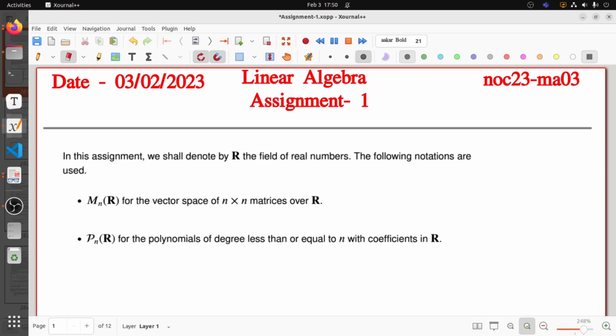So you have to check for all u. Does there exist a v such that u plus v is 1 or not? This is the additive identity, right?